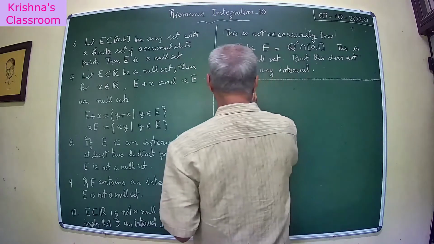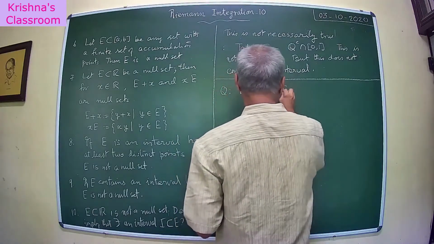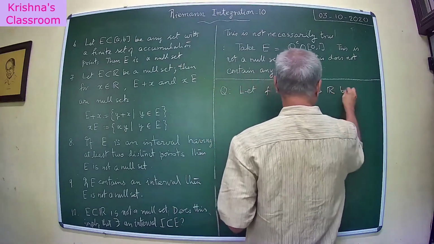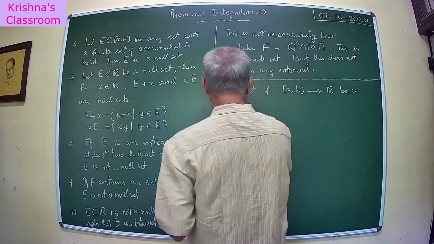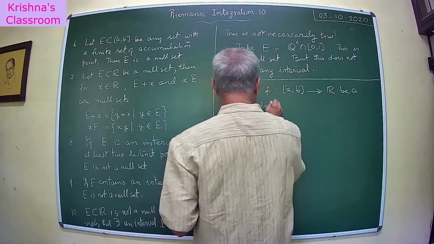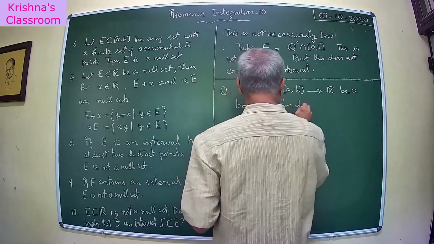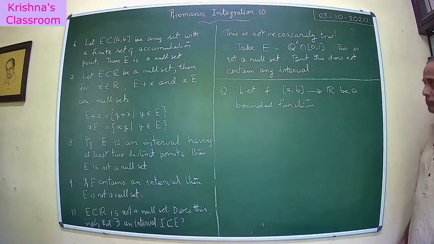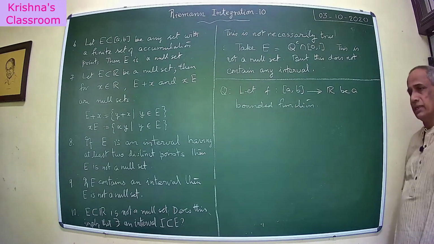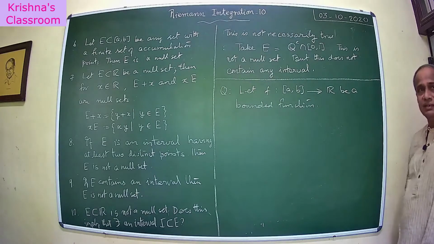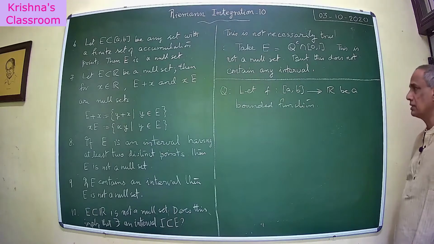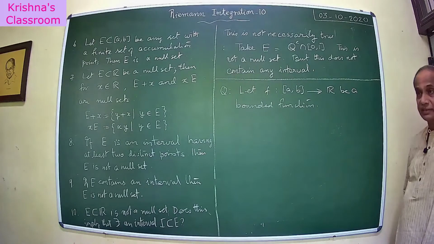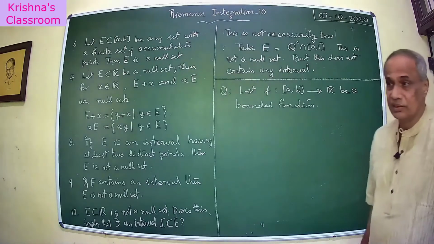Let f be a bounded function. Our earlier experience has shown that if f is a Riemann integrable function, then the set of discontinuities form a null set. That's a fact.